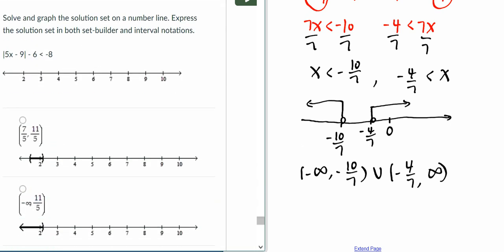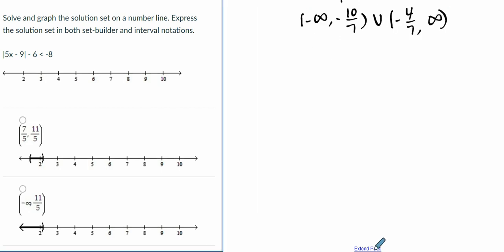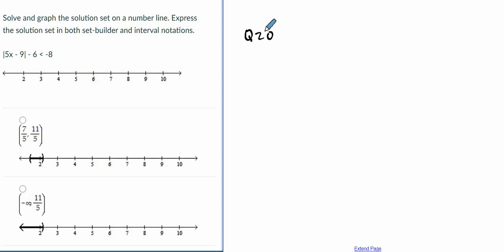Now, this would be our question 20. Question 20, you have 5x minus 9, subtract 6, less than negative 8.